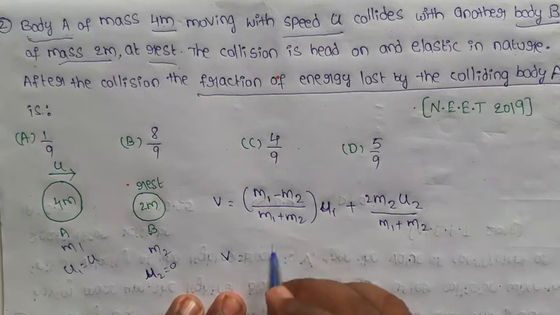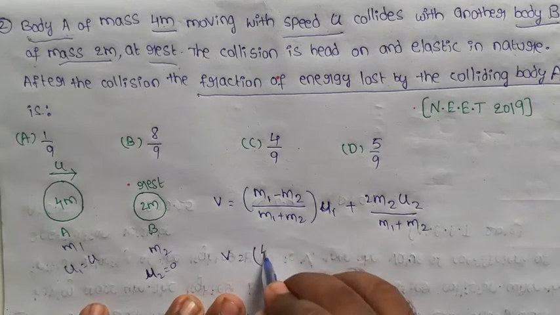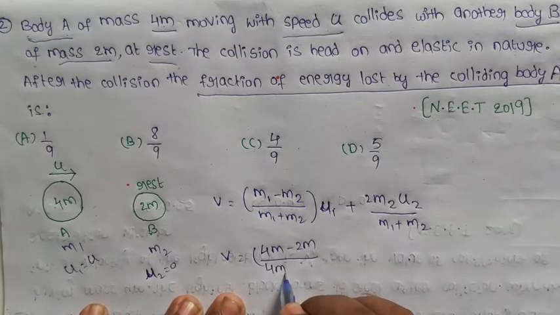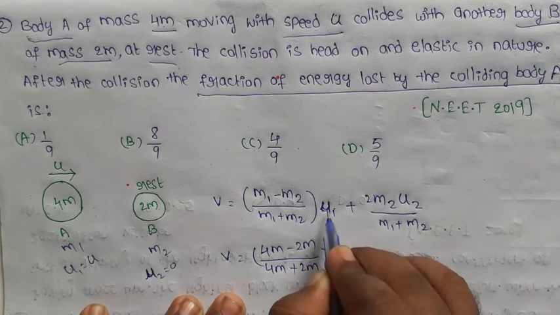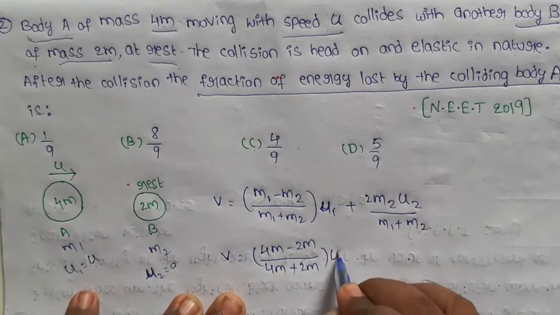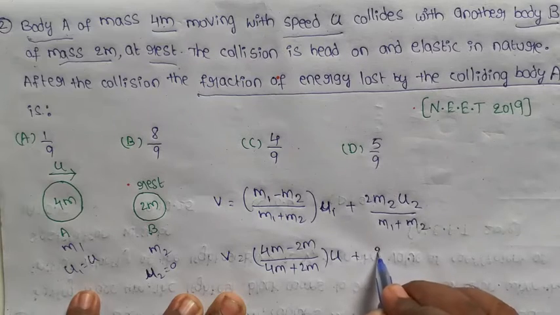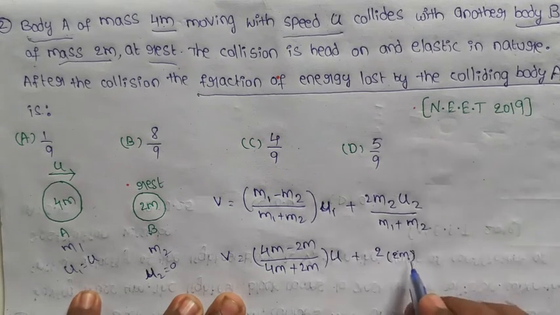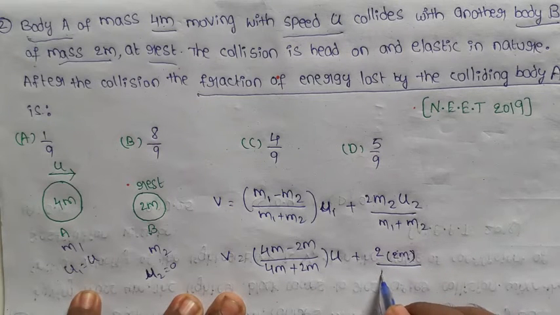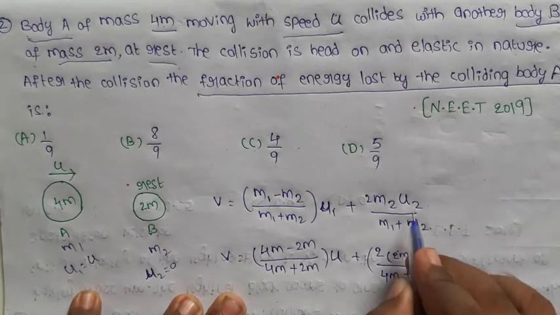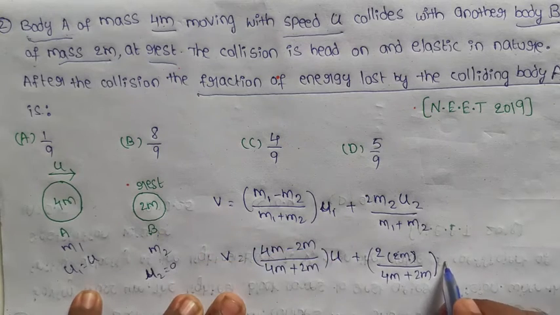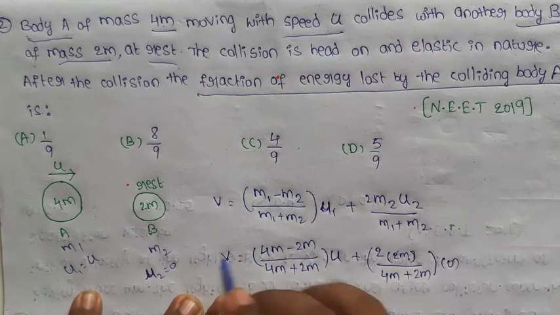Substitute the values: (4m minus 2m) by (4m plus 2m) into u, plus 2 into 2m by (4m plus 2m) into u2. Object B is at rest, so u2 value is 0.